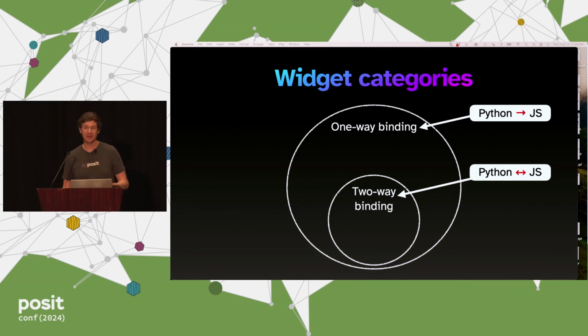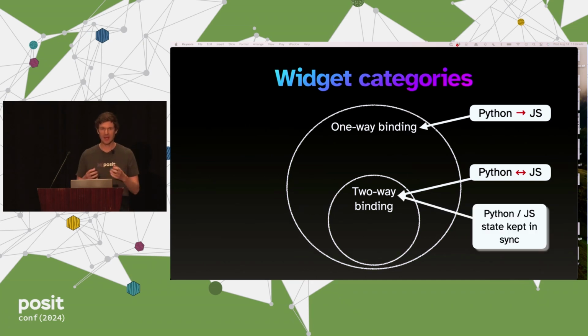Now, the two-way binding has the additional ability to send data and information back and forth between Python and JavaScript. With the Jupyter widget two-way binding, they have this concept of state, existing both in JavaScript and Python.